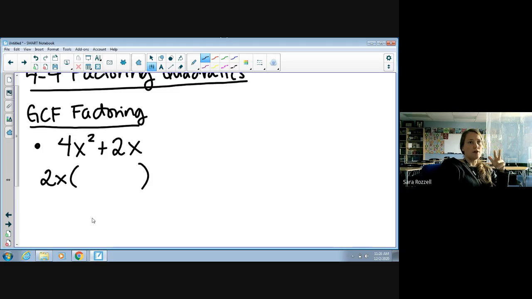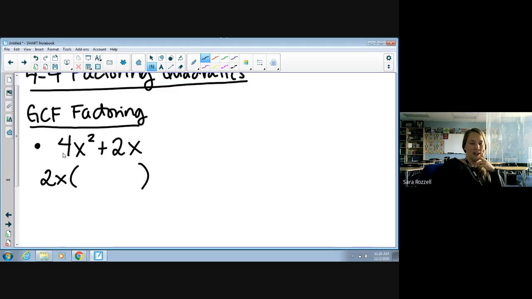Okay, so now essentially what we're doing is dividing each of the terms we have by 2 and by x. Or another way to think of this, and how I really normally think of this for my problems, is 2x times what gives me 4x squared. If I distributed, I should get what I started with.